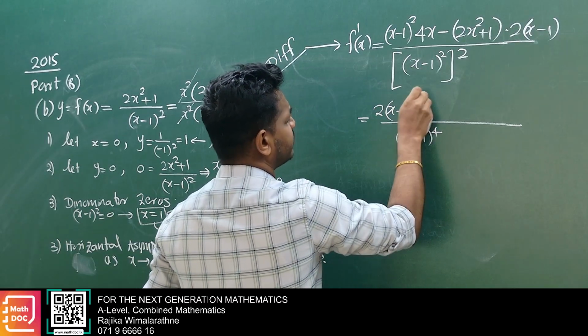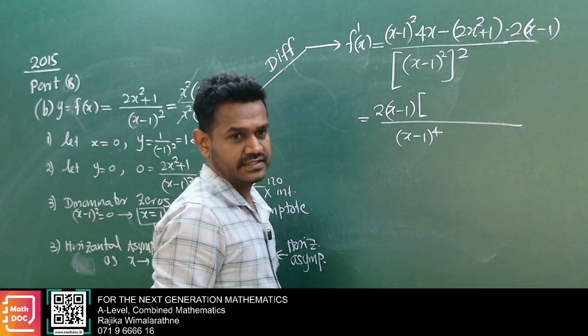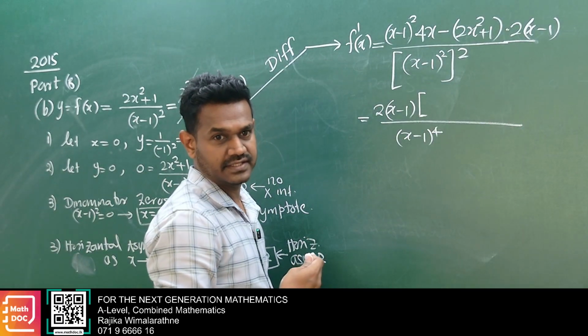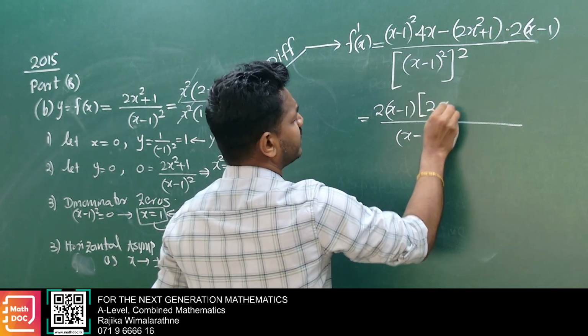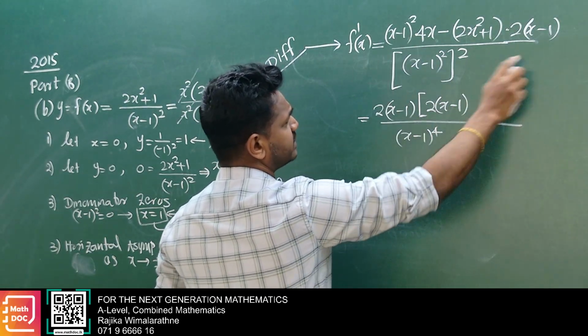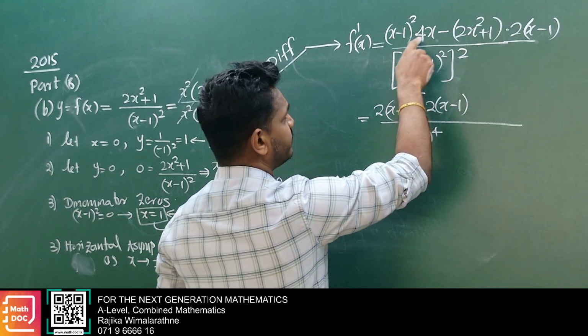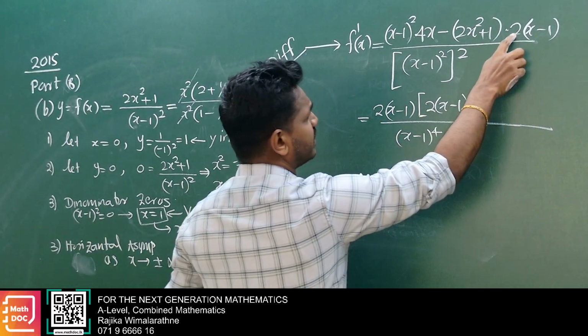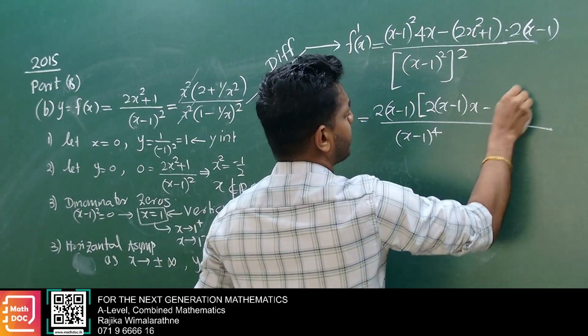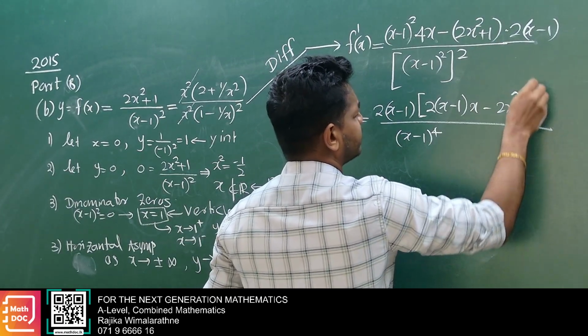Take it outside. Don't go to expansion, just take factorization. Then here 2 x minus 1 inside the bracket. Then further we have x, here 2x squared minus 1.